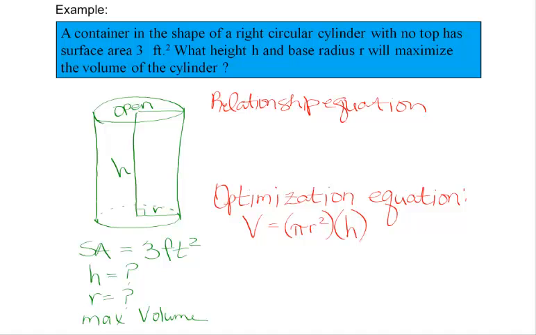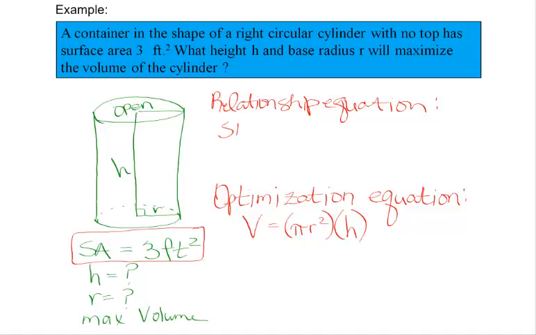So the relationship equation must come from another relationship between radius and height. This could be it. The surface area of my right circular cylinder, first of all, it's open on the top.